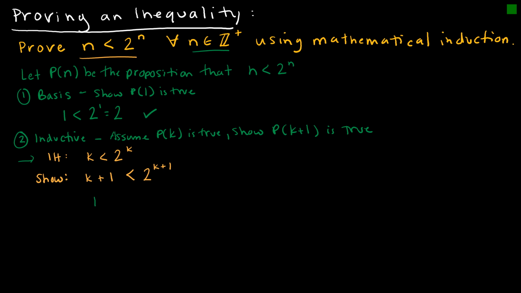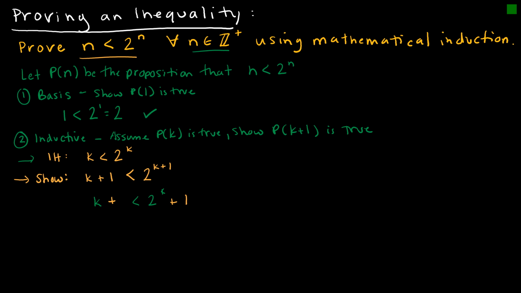I'm saying that k is less than 2 to the k. And what I want to do to each side is add 1 and see if I can eventually get to my statement that says show.